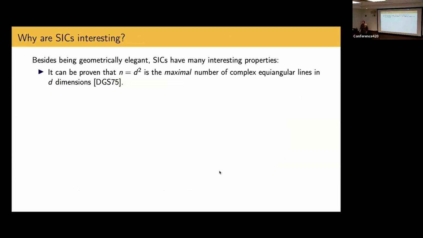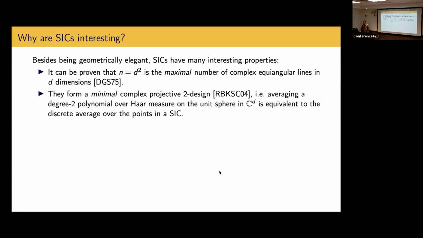So why are these things interesting? They're geometrically elegant, but they also pop up as optimal constructions in perhaps a surprisingly large number of places. They're the maximal number of complex equiangular lines. I can think of this rank 1 projector as defining a line in complex projective space. So this is a maximal number of equiangular lines that I can have in d dimensions.